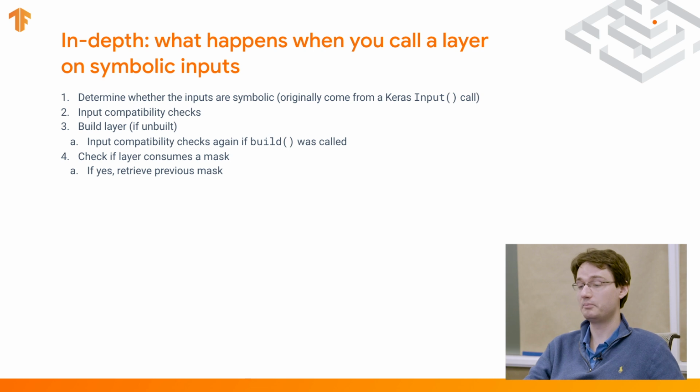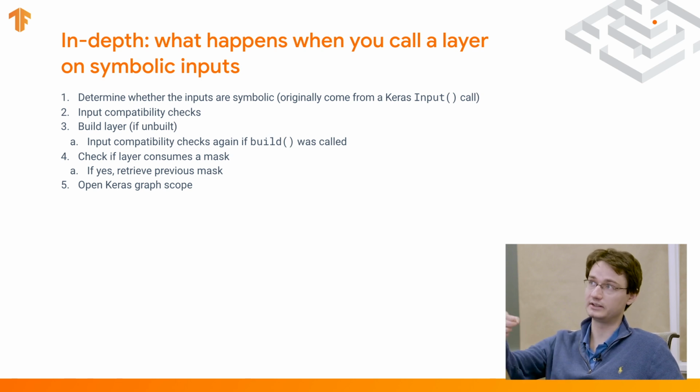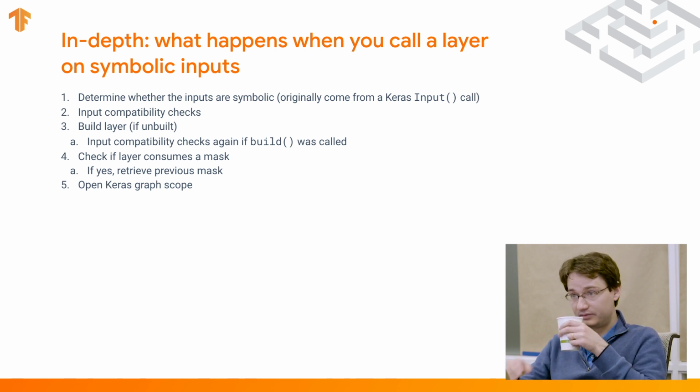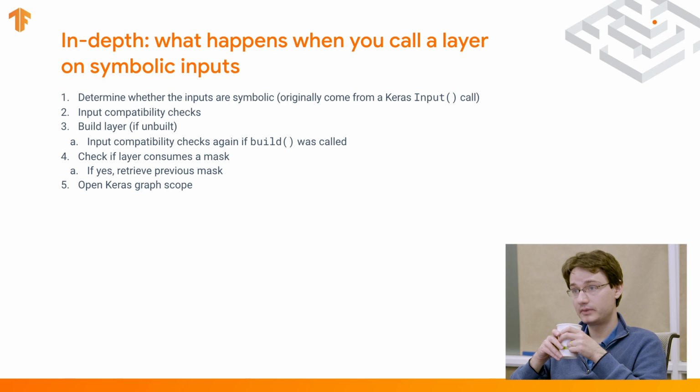Yes, which is a bit of metadata set on the tensor itself. There's an underscore Keras mask property, which is the mask information. So it is the least error prone to collocate the mask information with the tensor that it refers to.